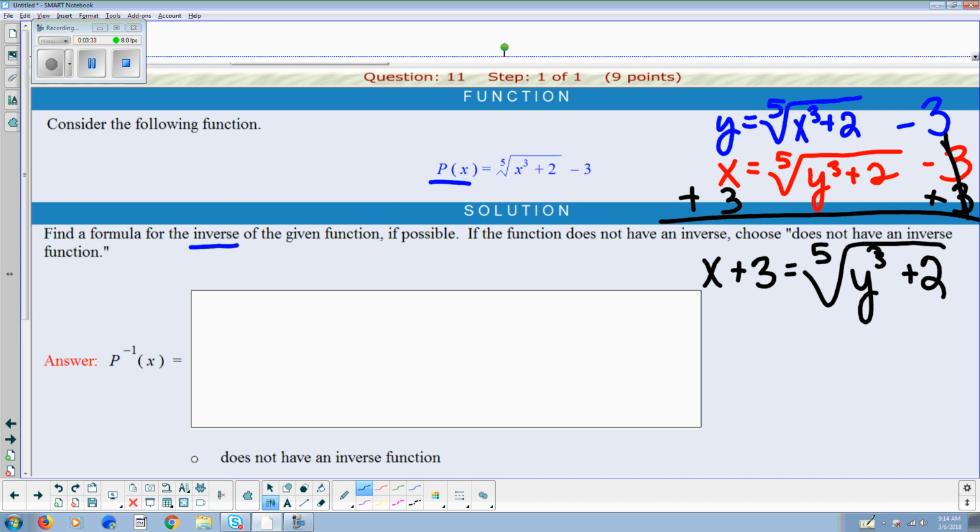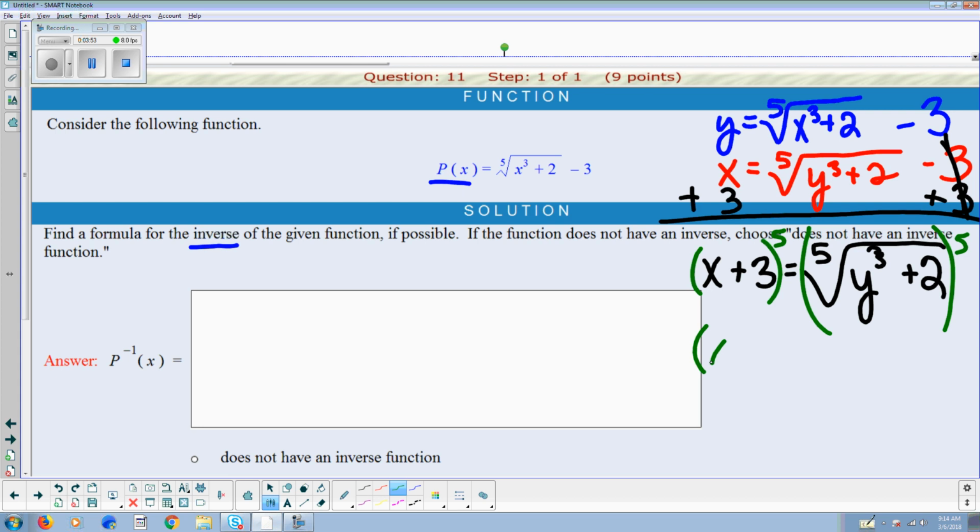Okay, now if I'm trying to get the y alone, I need to undo the fifth root. So to undo the fifth root, I'm going to raise to the fifth power on both sides. Thankfully, they are not going to expect me to multiply this binomial by itself 5 times.